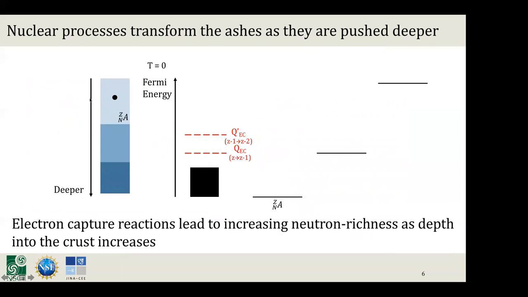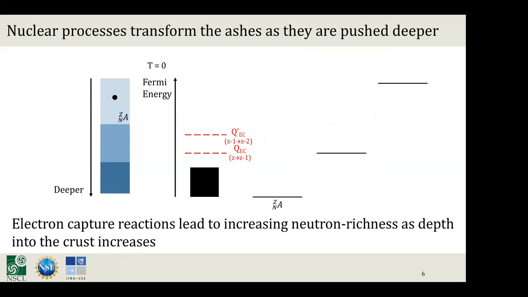So if you look at the stratified plot on the left here, as you go deeper, the Fermi energy of the electrons in the crust is increasing, and so when you cross the threshold for electron capture, when the Fermi energy is equal to the electron capture Q value for one nucleus to another, you essentially convert the nucleus into a more neutron-rich species.